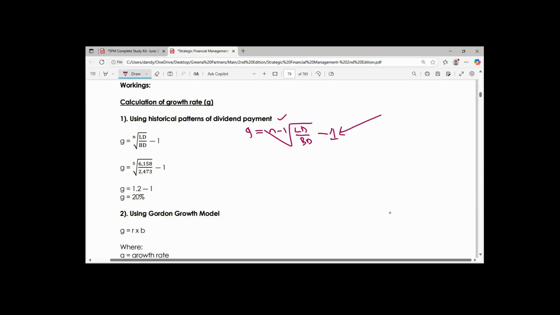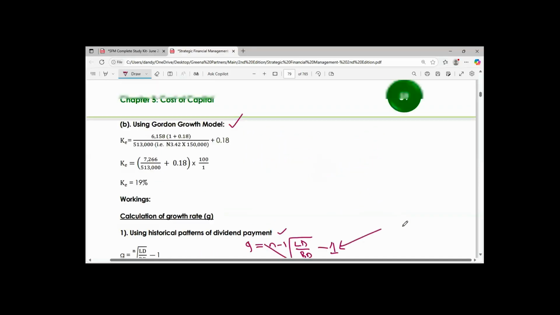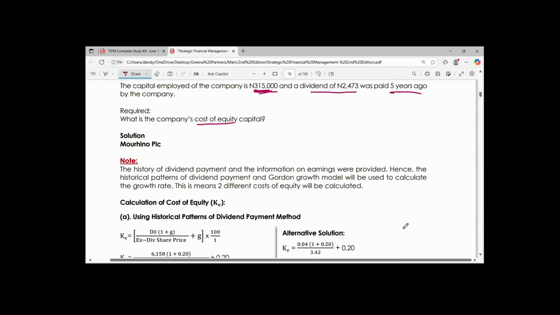Now, the second formula, which is G equal to N into latest dividend divided by dividend paid in the first year, or minus 1. I told you that this particular formula should be used when the dividend paid in the first year and the current year dividend are given. That is only when you use this second formula. So in this particular question, you are only given the dividend paid in the first year and the current year dividend.